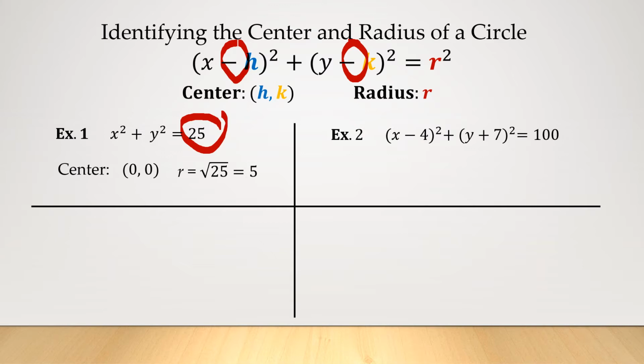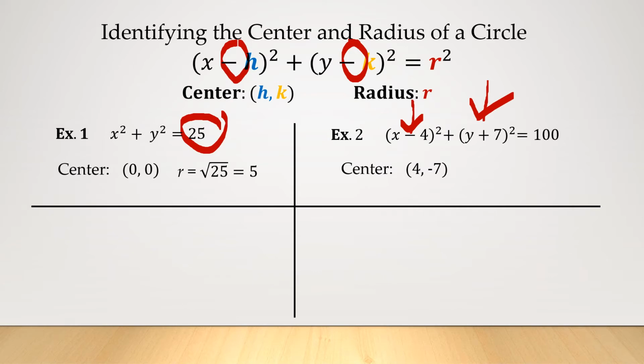So if we look at the x-coordinate, which is our h, since there's a minus inside the parentheses, then our x-coordinate, which is h, is going to be positive, and that'll be 4. But now if you look at the second parentheses, there is a plus between the y and the 7, which means that that 7 had to be negative in order for that to happen. So our y-coordinate, which is k, is going to be negative 7.